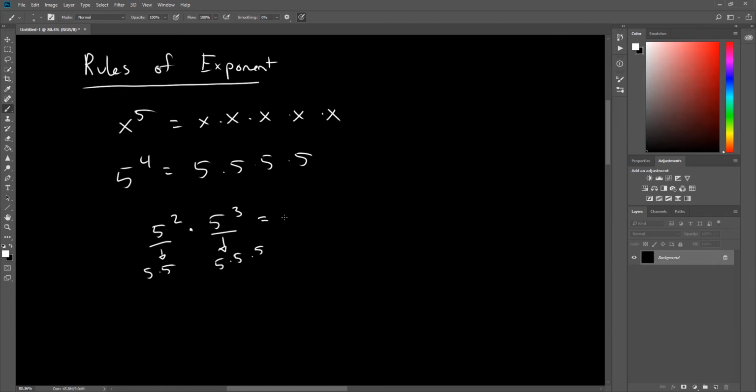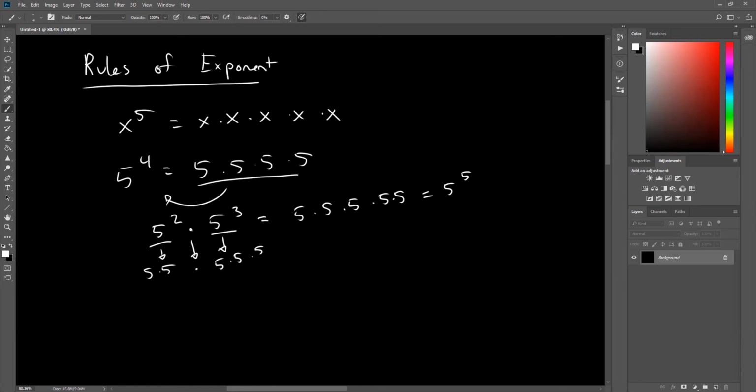That's 5 times 5, times 5 times 5 times 5, right? So it's 5 multiplied 5 times. It's a mouthful, but we can rewrite this as 5 to the 5th, right? It's the same property, but reversed.